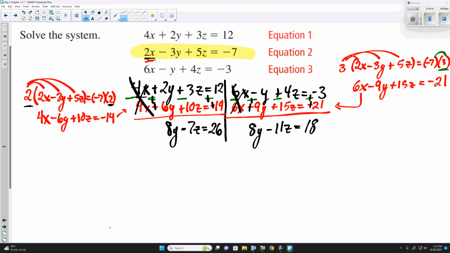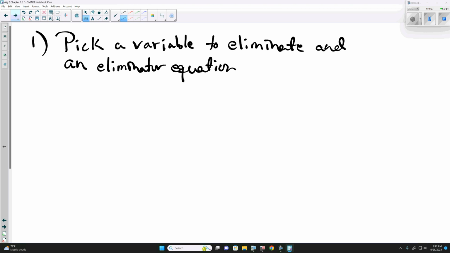Most likely, yes. Because what we've done is we've gone from 3 variables with 3 equations to 2 variables and 2 equations, yes? And what we want to do next is to go from 2 equations with 2 variables to 1 equation with 1 variable. Because if I can get down to there, then we can solve for the rest.